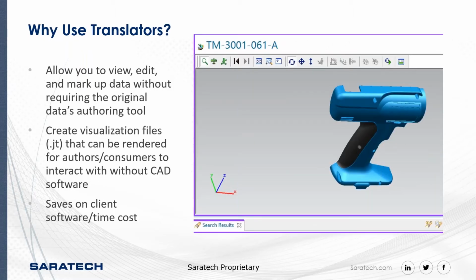All right, so why do we use these translators? Well, we use translators in order to view, modify, markup, and share usable data sets within our platform without our end users needing the original software used in order to create the information being shared.